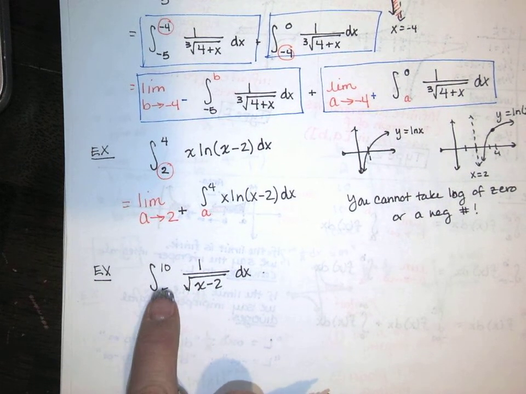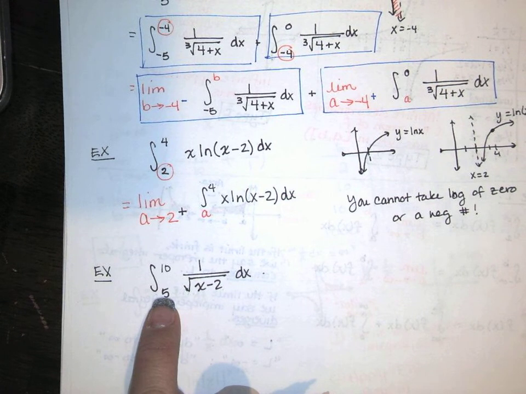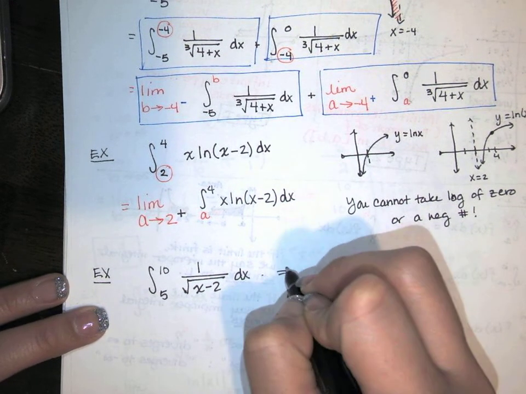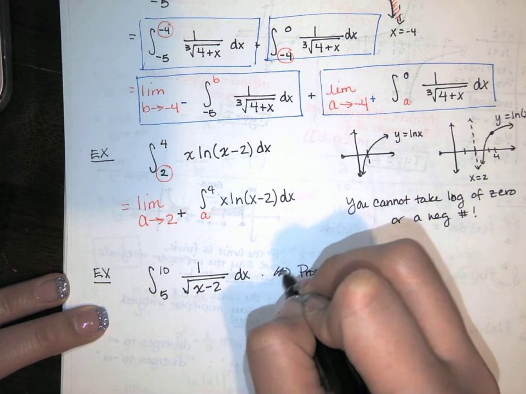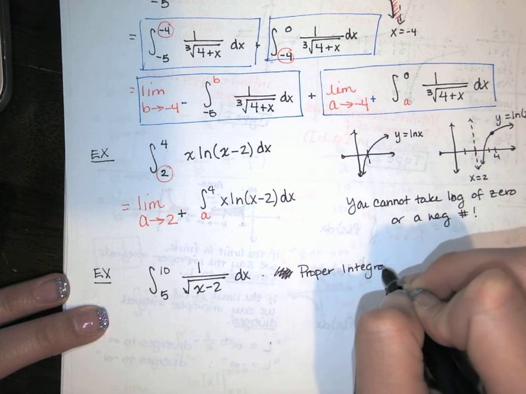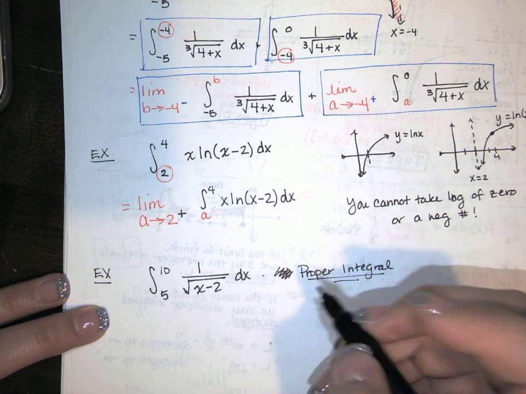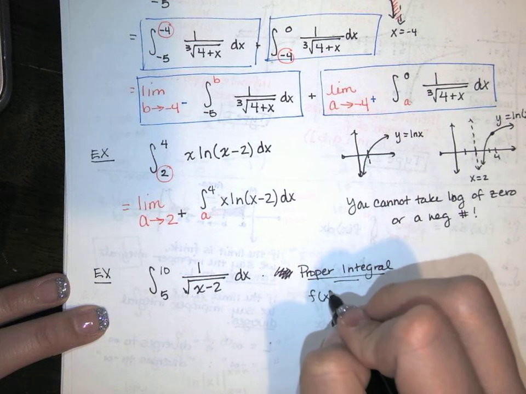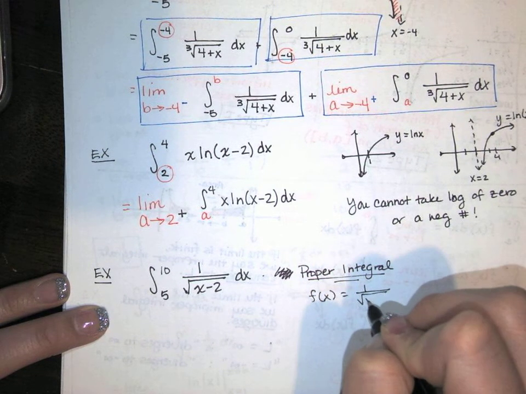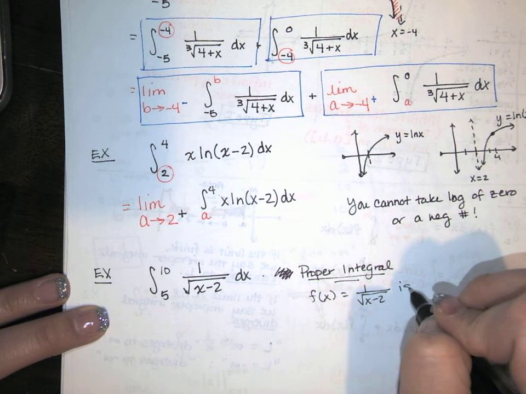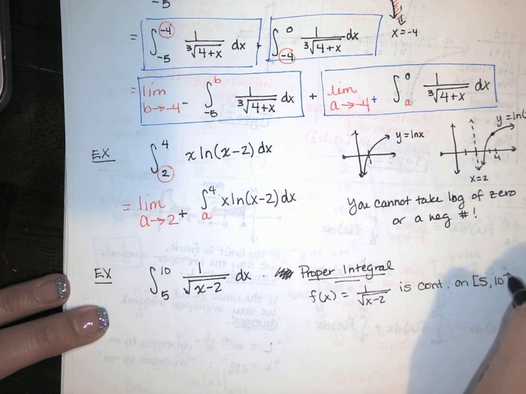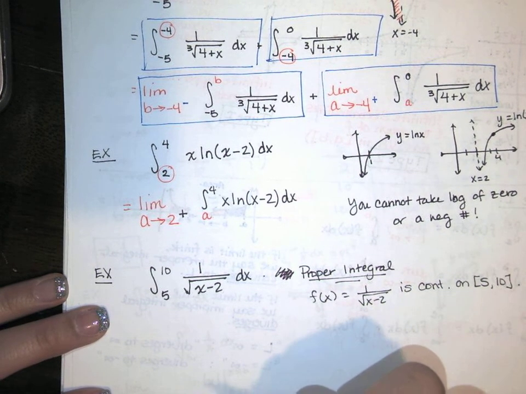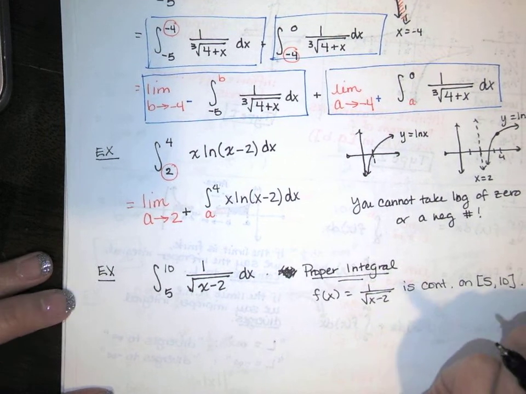But x equals 2 is not on the interval from 5 to 10. So this is a proper integral. It doesn't imply proper integral. It is a proper integral. Yes, the function is well defined. It's continuous on the interval from 5 to 10. So this is not improper. Just go for the fundamental theorem of calculus. Just do it.